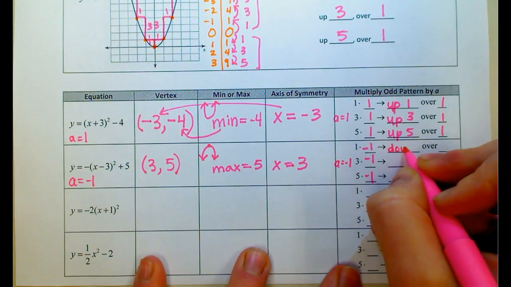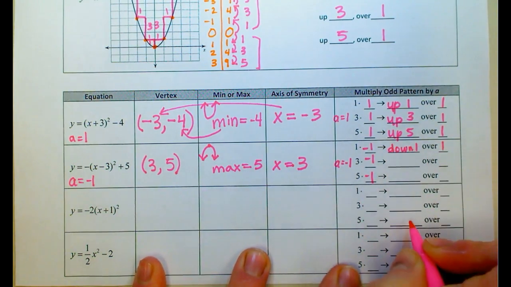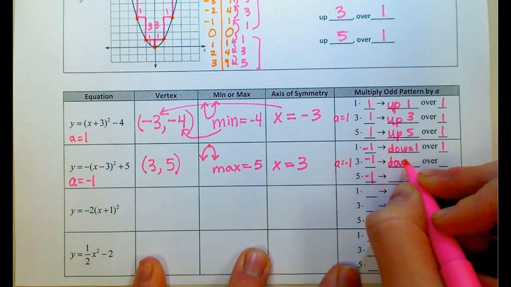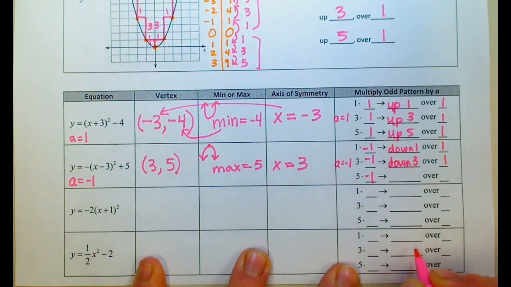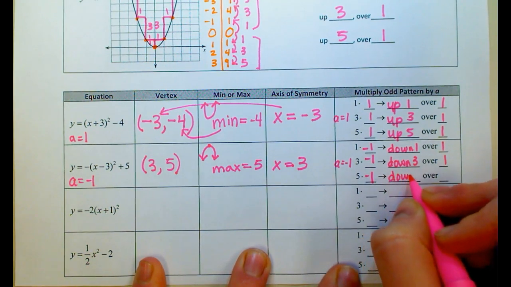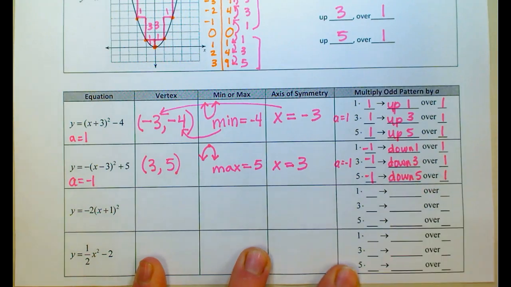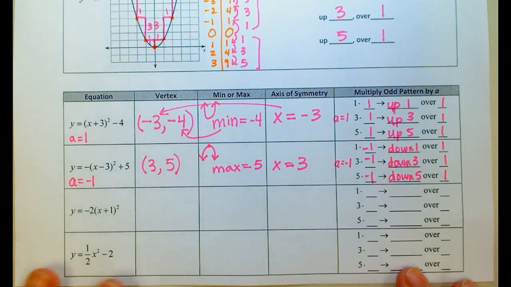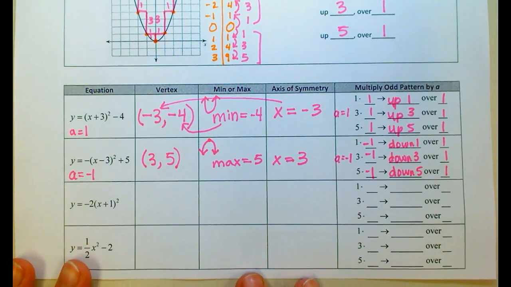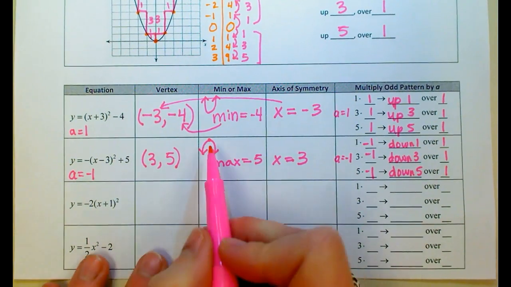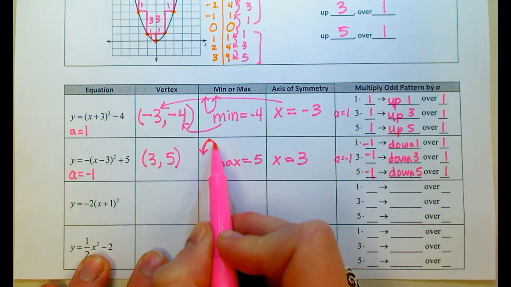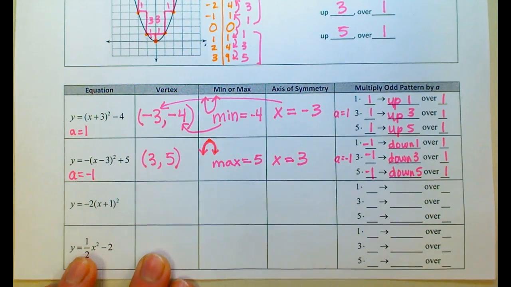So I'm going to go down 1 over 1, and then I'm going to go down 3 over 1, and then I'm going to go down 5 over 1. This will make more sense when we're actually graphing our graph, but if we go down from those points, we're going to end up getting our graph opening down.